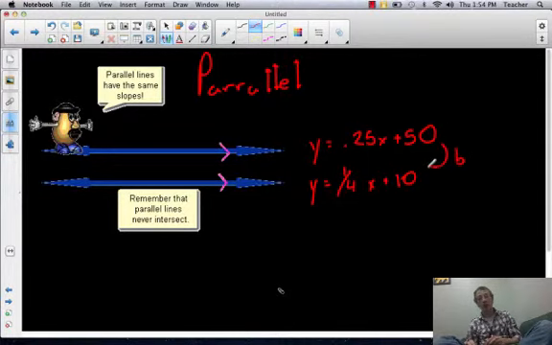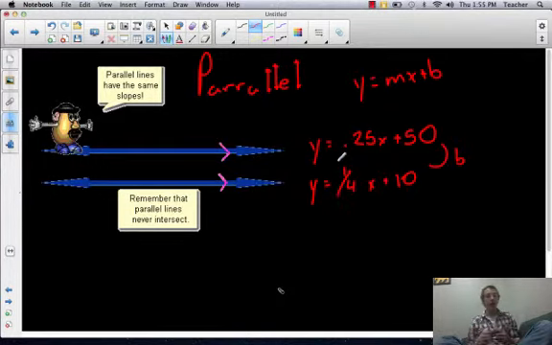These can be interchangeable. It can be whatever number you want. But as long as the m in the equation, because remember, our equation for a line is mx plus b, two parallel lines have to have the exact same m. They have to have the exact same slope to be considered parallel. They're never, ever, ever going to intersect, no matter what.